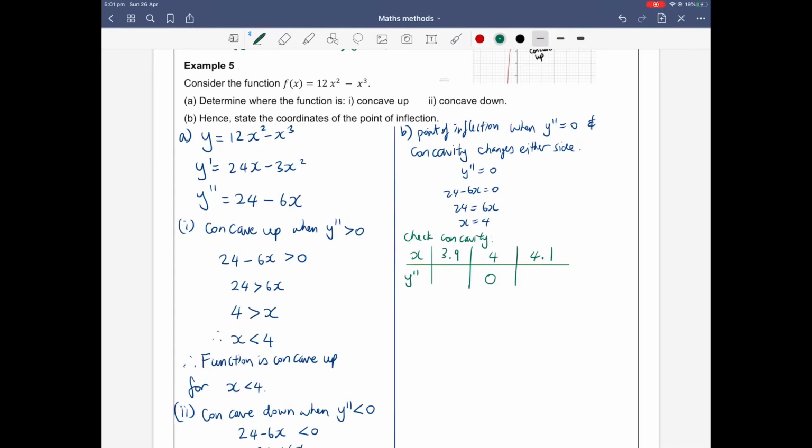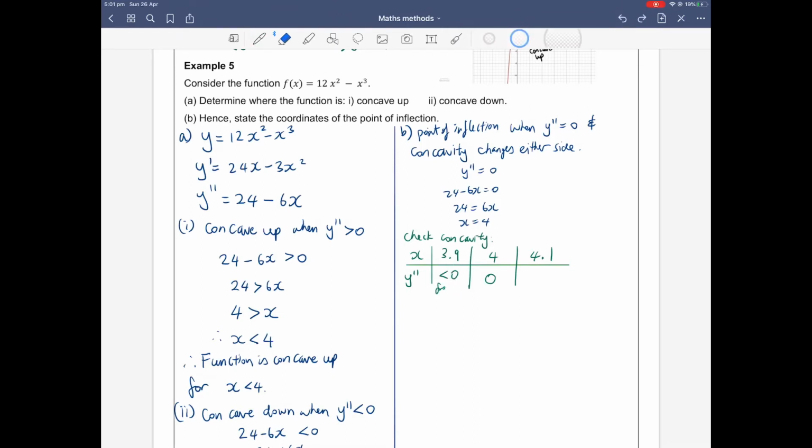We know that when x equals 4, the y dash dash is 0.